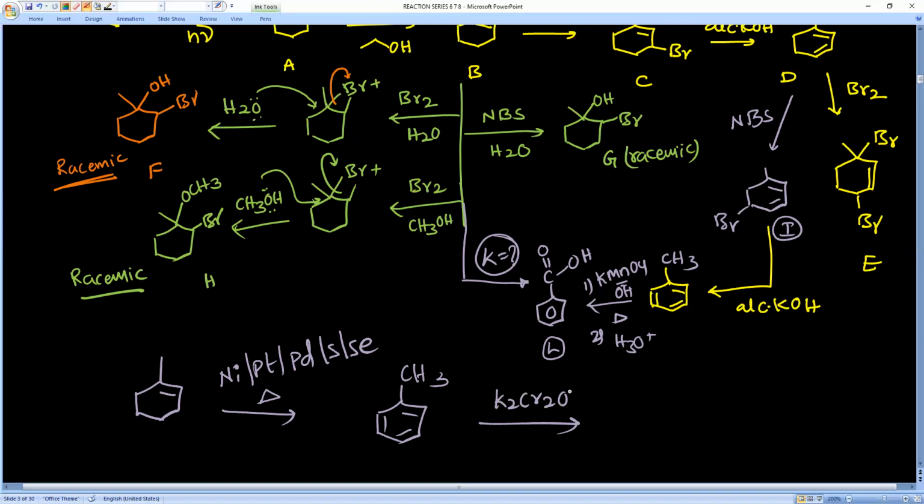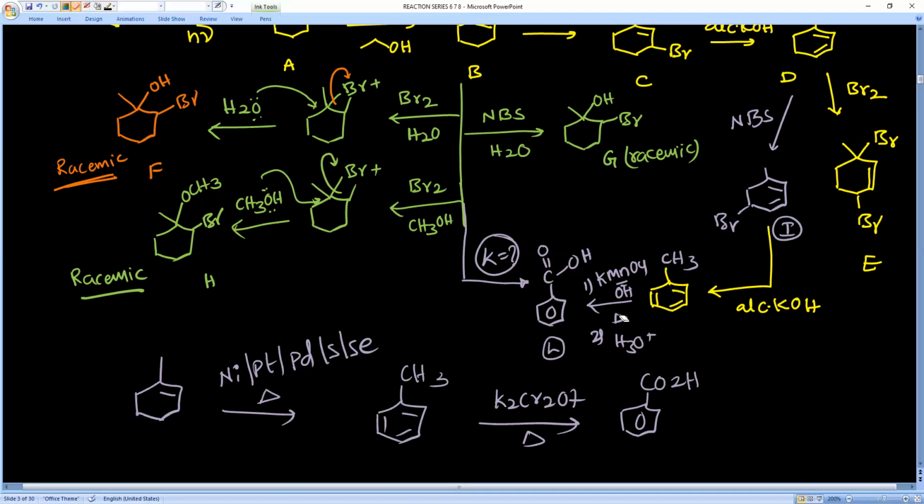That is your choice. Followed by heating, then it will convert into benzoic acid only. Therefore, reagent K is a mixture of two reagents. One may be nickel, platinum, palladium, sulfur and selenium, followed by heating. And the second reagent is potassium dichromate, or we can use potassium permanganate. Okay, that is not a problem.